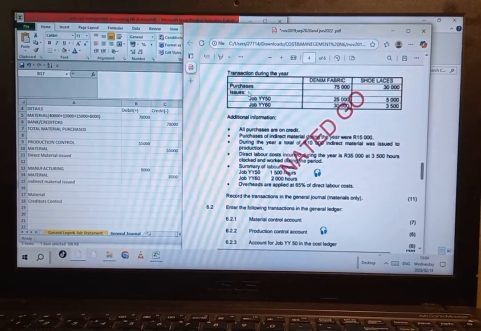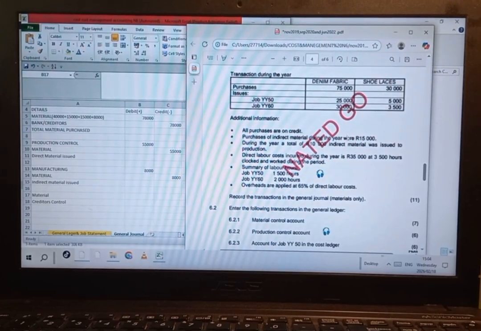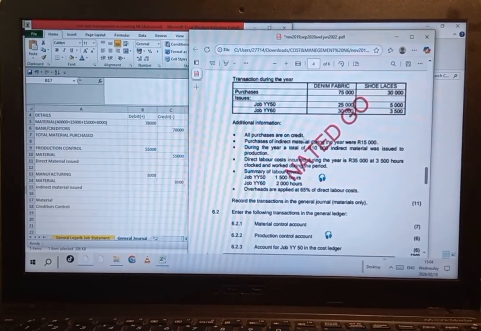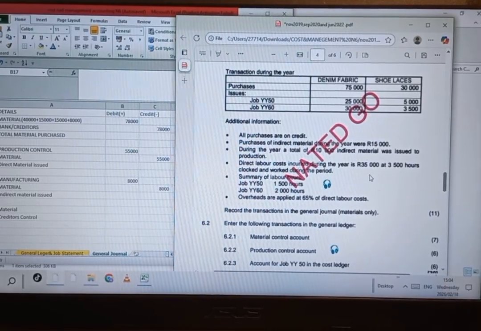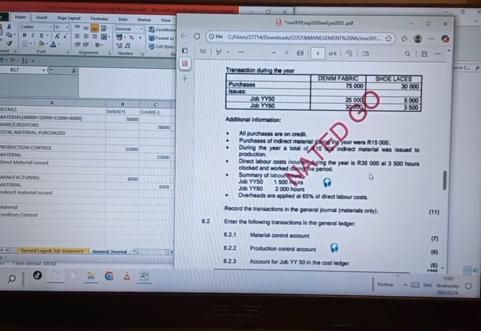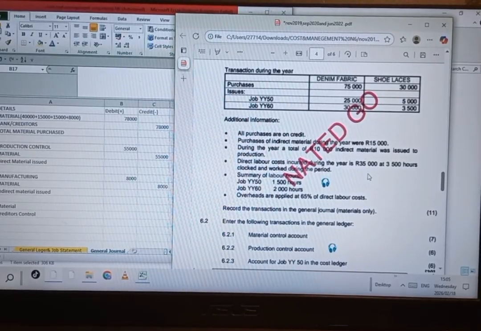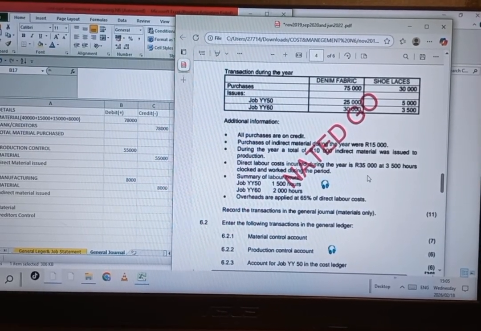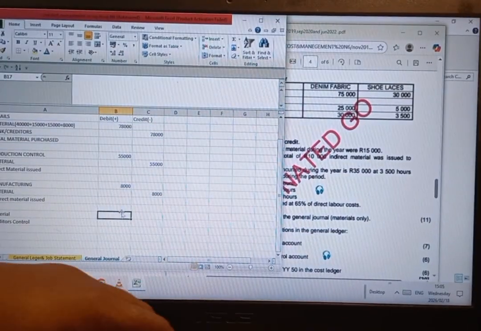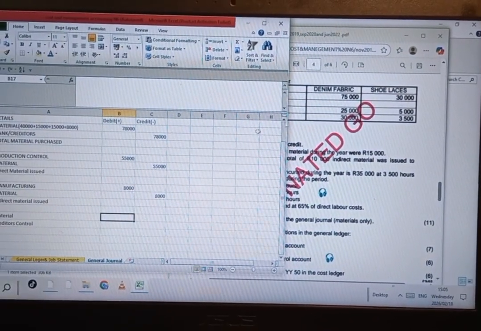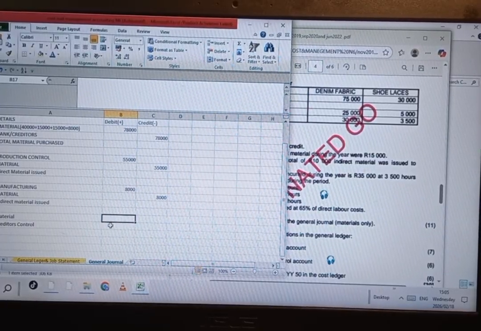And then we need all our purchases. Here are the purchases, 75,000 and 30,000, and we are also told that indirect material was purchased. Since it's total purchases, whenever you're doing total purchases, you include direct and indirect material that was purchased. So guys, make sure that you open your brackets, showing 75,000 and 30,000, also that 15,000.